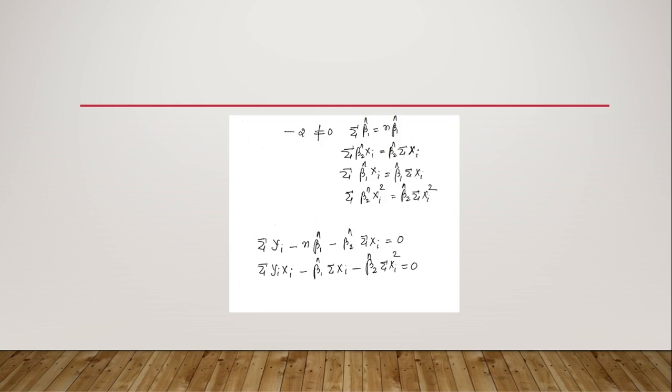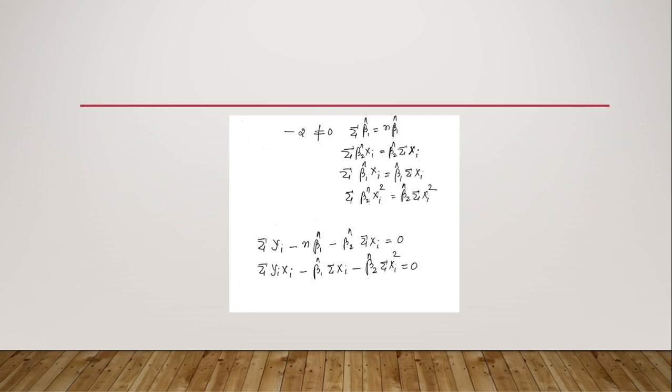Similarly, when we expand that equation, we get sigma beta 1 hat. Beta 1 hat is a constant. So instead of writing sigma beta 1 hat, we can write n beta 1 hat because n is the sample size. So we are multiplying with the sample size n. Similarly, we have terms like sigma beta 2 hat xi.